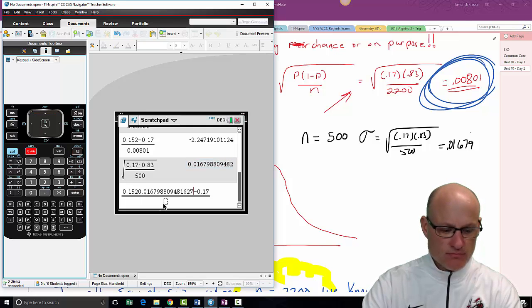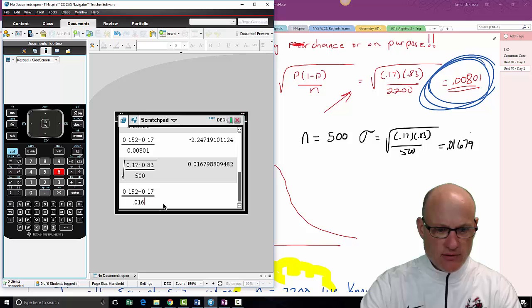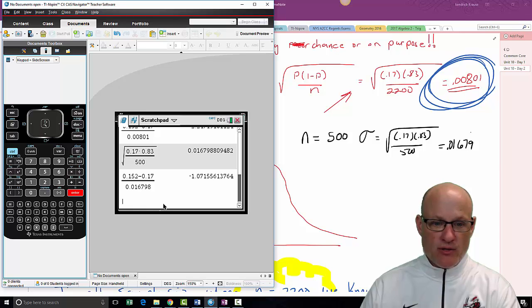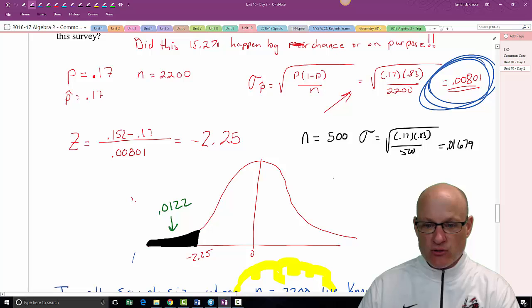We'll divide by 0.01678, whatever. And we get a z-score of negative 1.07. So now our z-score is negative 1.07.